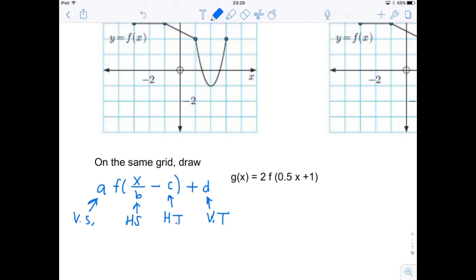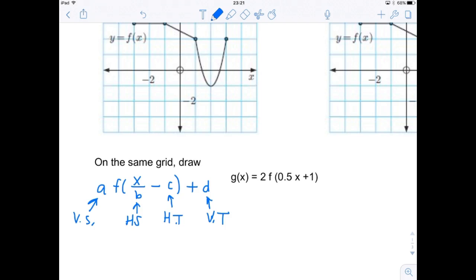Whenever you have a stretch, if the parameter A or B gets bigger, it stretches longer, and if it's below 1, then you end up not with a stretch but with a compression. Whenever you have a positive vertical or horizontal translation, it moves to the right or up. If C or D is negative, it moves left or down.